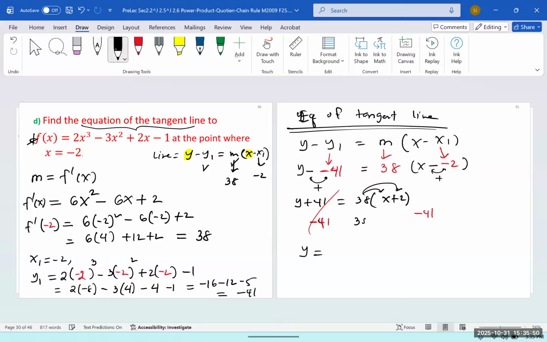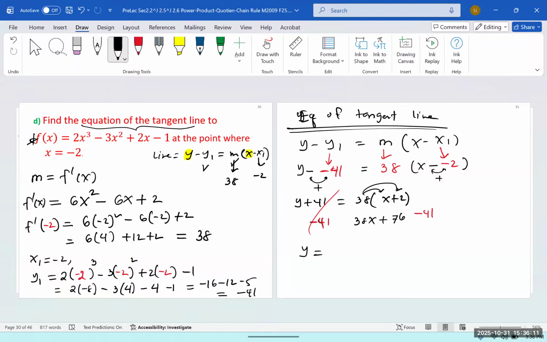So this is 38x. What is double of 38? 76.